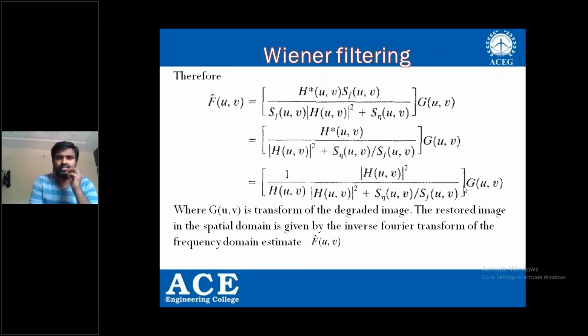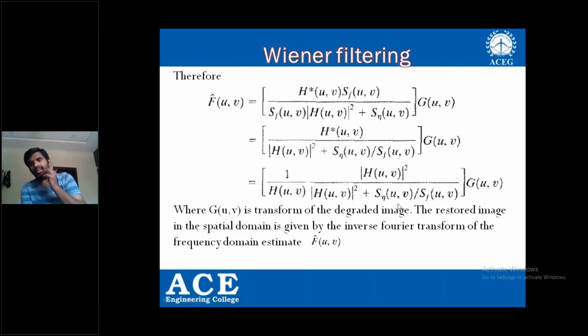And you can remember the final relation: 1 by H of u comma v into the magnitude of H of u comma v squared by magnitude of H of u comma v squared plus the ratio of the power spectral density of noise and the image. So this is the relation.